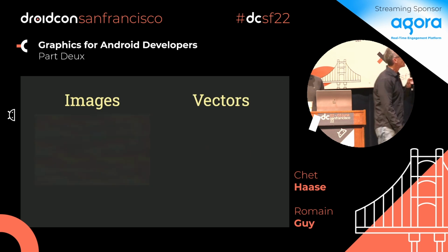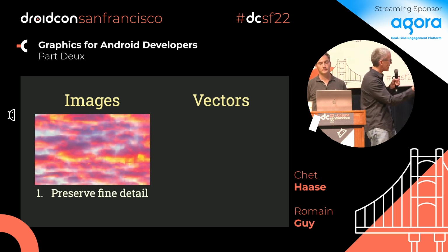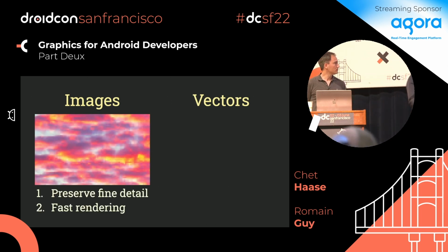Let me talk about some of those. With images, they're really important for representing specific pixel information that you want. This is the photograph that I wanted to represent. I didn't want to dumb it down and have some approximation of that information. I actually want to see these specific colors in those specific pixel values. It preserves fine detail, and it's also really fast to render.